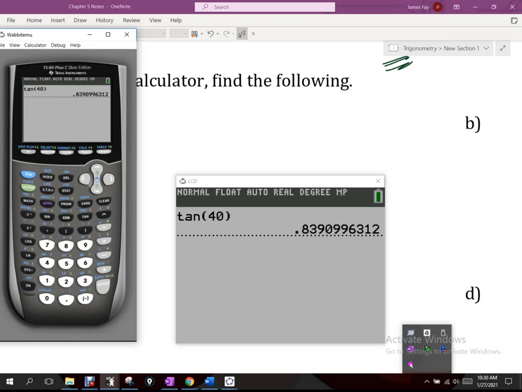If we have non-right triangles, then we start using the laws of sines and cosines. But with a 40-degree angle in a right triangle, I now know that every right triangle with a 40-degree angle, the side opposite the 40 divided by the side adjacent to the 40 always divides to 0.839. That's how it's always compared.